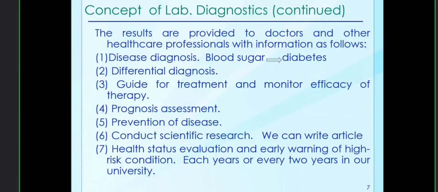We can collect some data of the same type of the disease and write some scientific paper. Seventh is health status evaluation and early warning of the high risk condition each year. So we recommend each year or every 2 years to have the health checking.